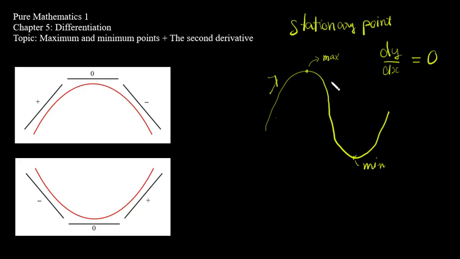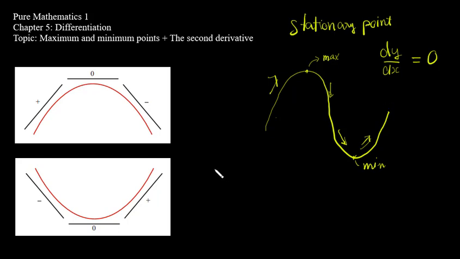After the maximum point, there is a negative gradient. But for a minimum point, before the minimum point there is a negative gradient, which is going down. At the minimum point, the gradient equals 0. And after the minimum point, the gradient will be positive. It's going up, like this one. So this is the basic knowledge related to minimum and maximum points.